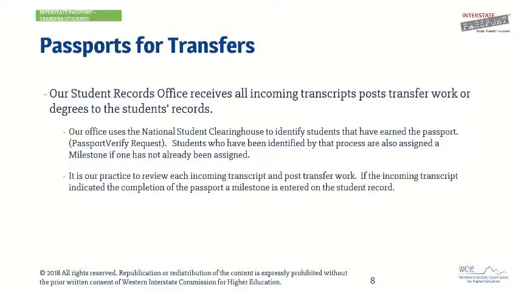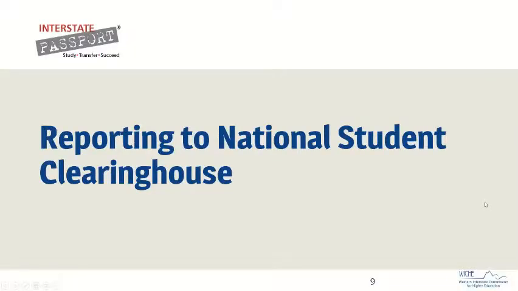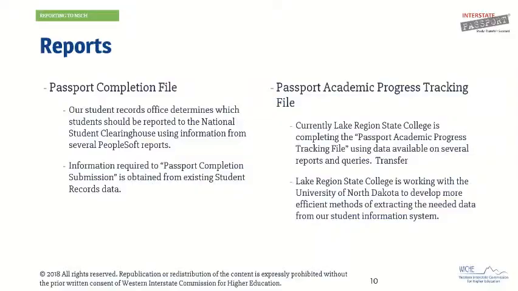With that, we should go to reporting to the National Student Clearinghouse. We do go through and do all the reports that we are using for the National Student Clearinghouse. At the end of the semester, we send in our passport completion file.